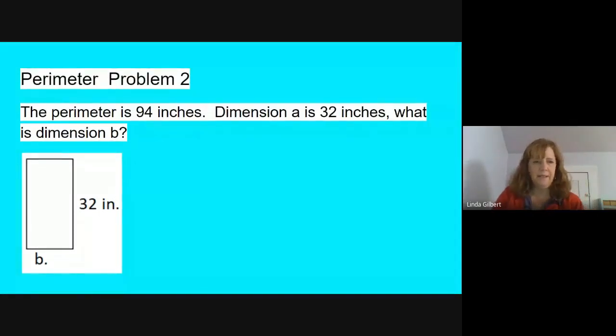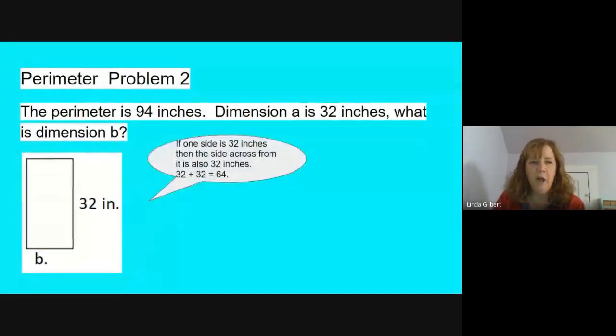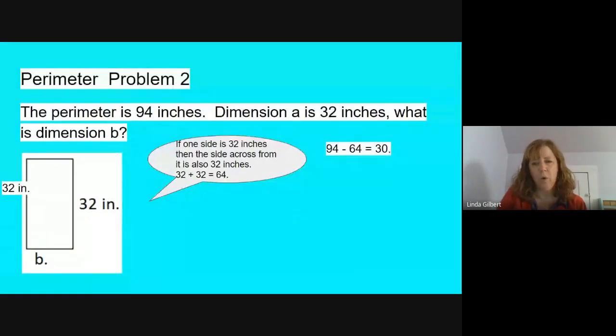Okay, so this is what I did. I thought to myself, well, if one side is 32 inches, then the side across from it is also 32 inches. 32 plus 32 is 64. So if 2 sides are 64, if I take 94 and subtract the 64, I'll have 30 left.